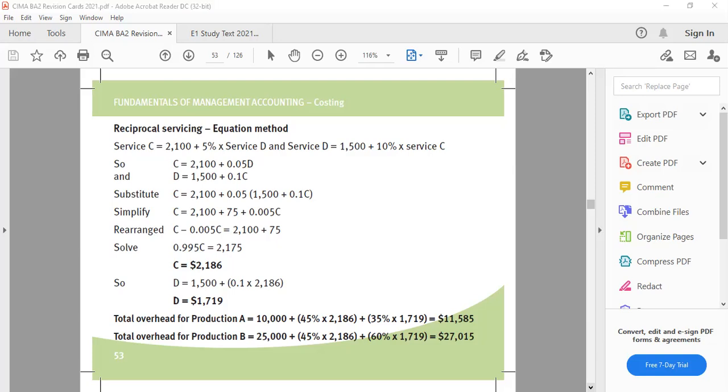Once we get the value of D, we can round it off, and then we can find out the value of C.